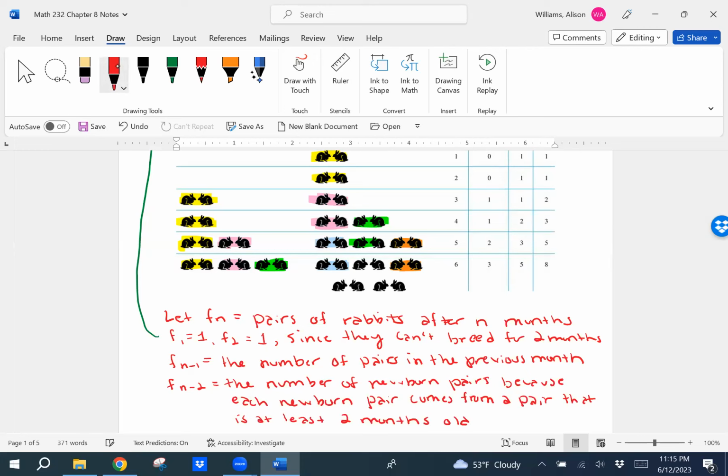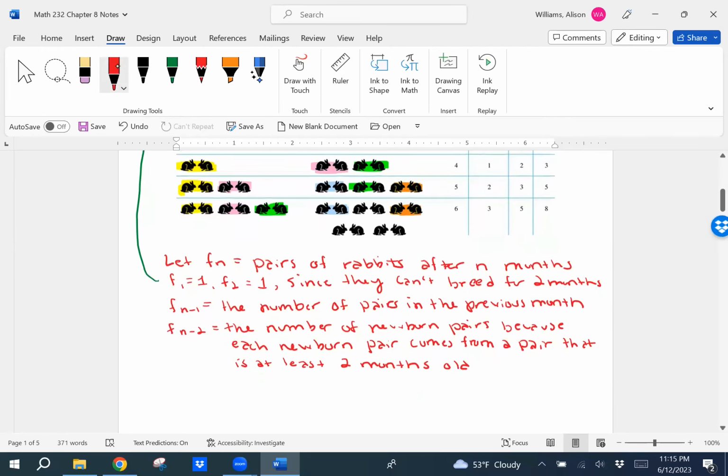And f sub n minus 2 is representing pairs that were first born 2 months ago. And those specific pairs are actually starting to produce new bunnies in the next round.